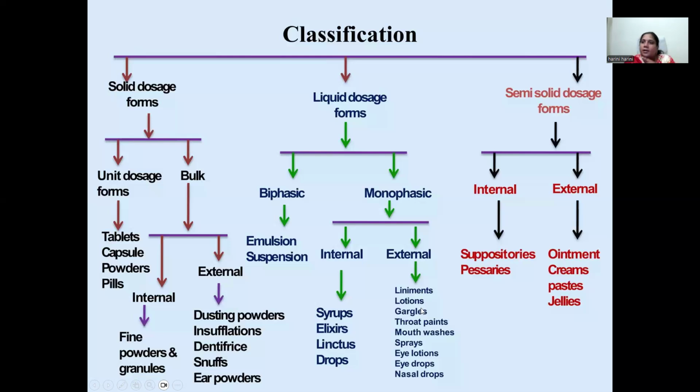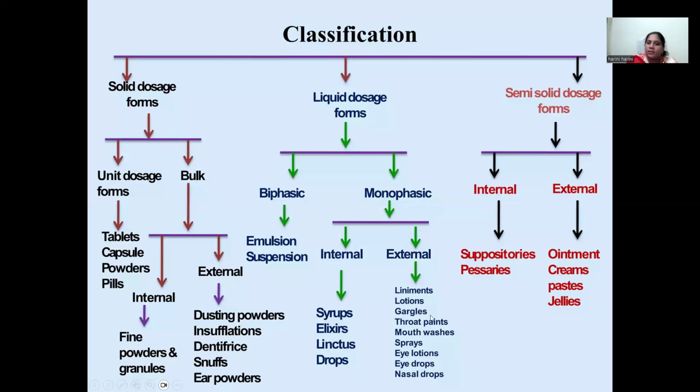Gargles are monophasic liquid dosage forms used to treat throat infections. Many of you know about gargling. We take the gargle, rinse it in the throat and spit it out. So it comes under external monophasic liquid dosage forms.